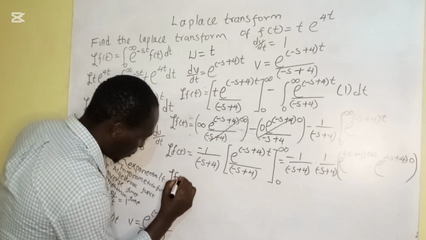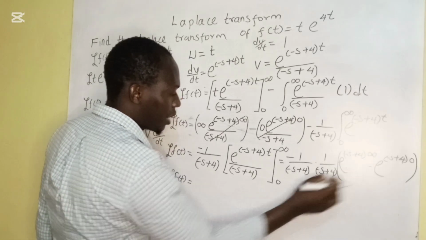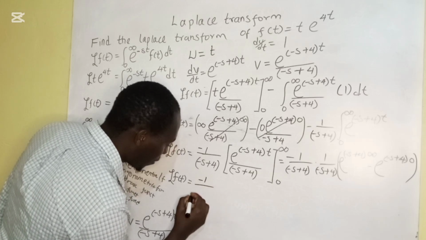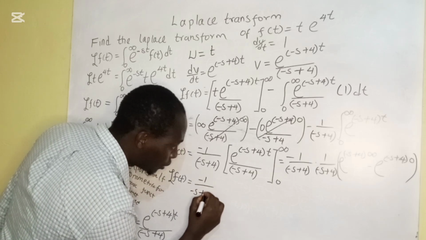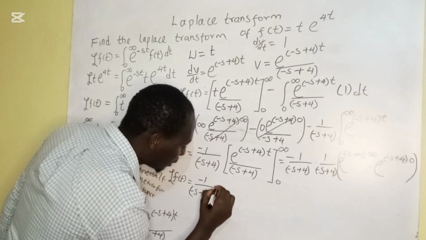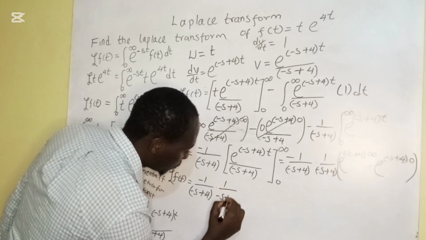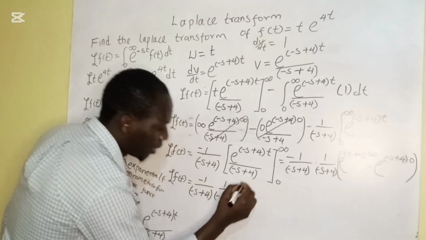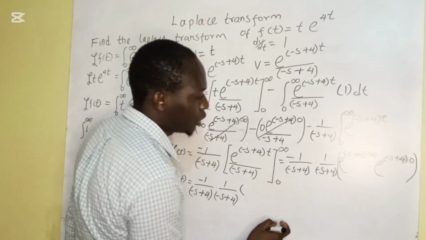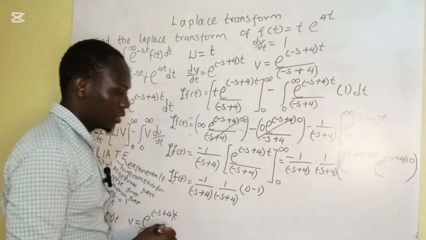The Laplace transform of our function f of t is going to be equal to negative 1 all over negative (s + 4), multiplied by 1 all over negative (s + 4), and everything we multiply by, here we are going to have 0 subtracted from 1.